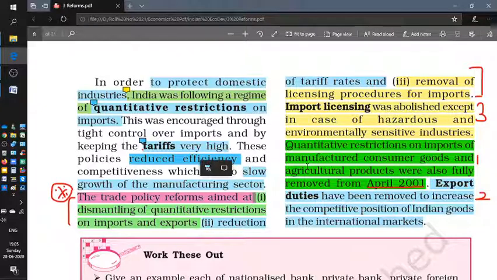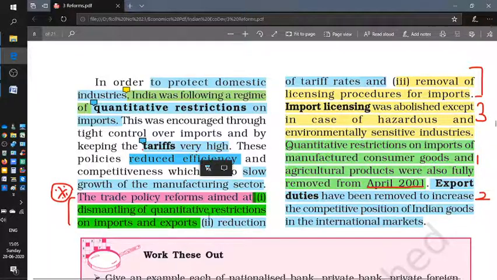On these two areas, they were fully removed from April 2001. So that's the reform in trade and investment policy. We removed the QRs on manufactured consumer goods and agricultural products. Now you can freely trade those with the rest of the world. That's the number one reform in this section.